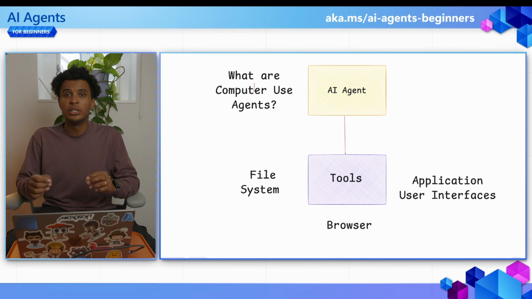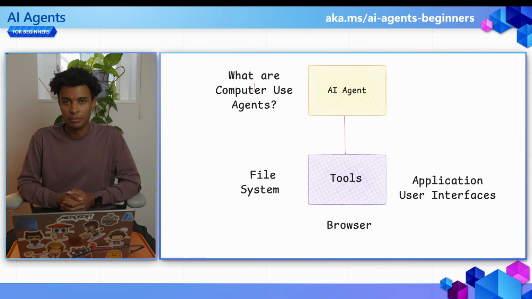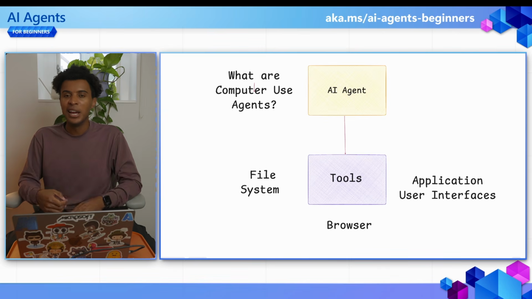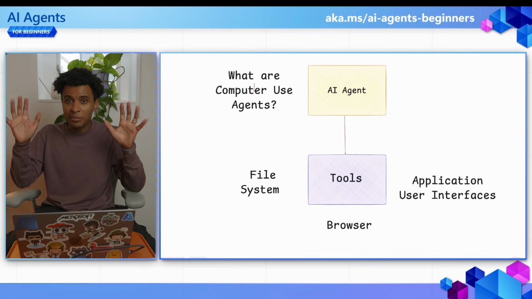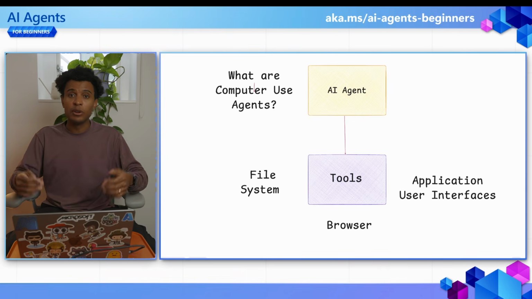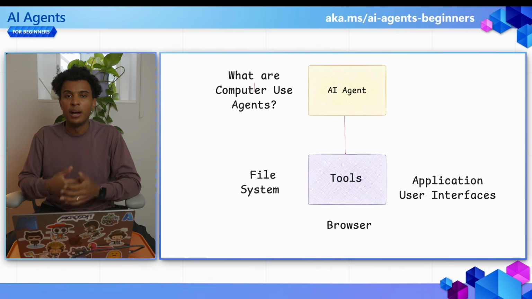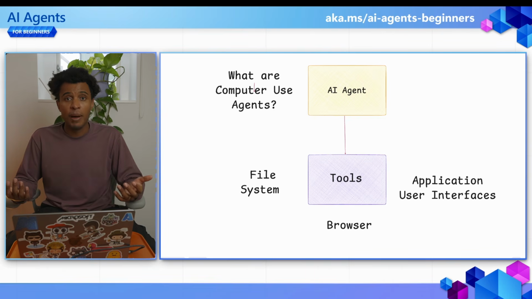So these computer use agents use these three sets of tools and maybe other things that are available on your computer to be able to complete those tasks and instructions that you're given. Some might call this giving the ability for an AI agent to have arms and eyes, much like we do when we perceive different ways of interacting with these tools. And to be honest, it can feel quite magical.